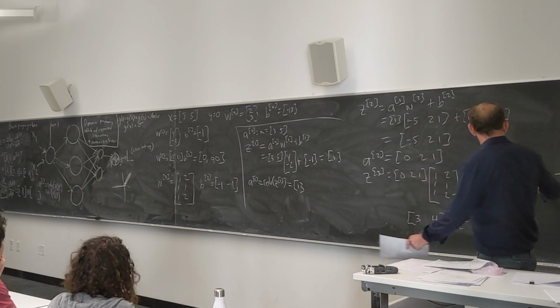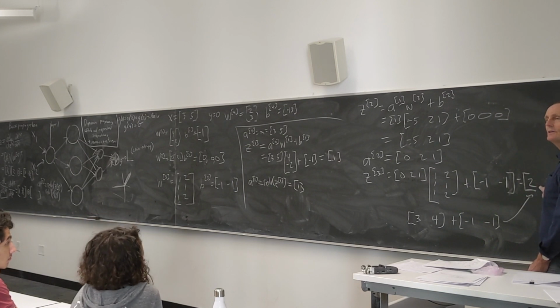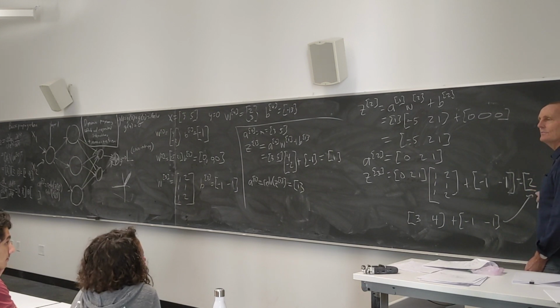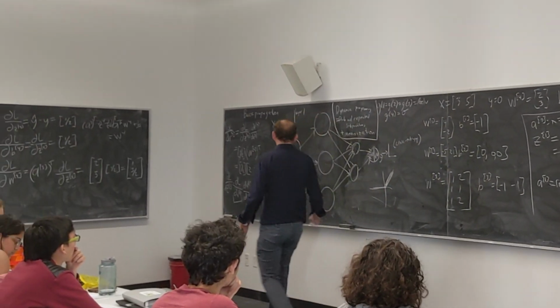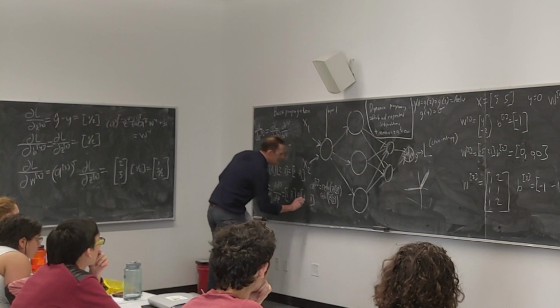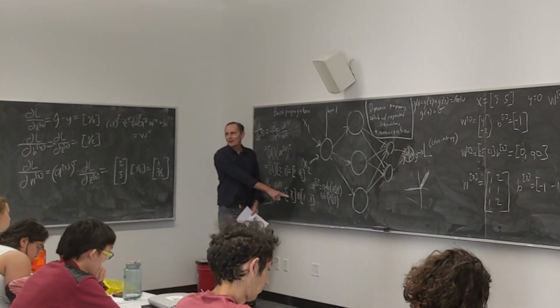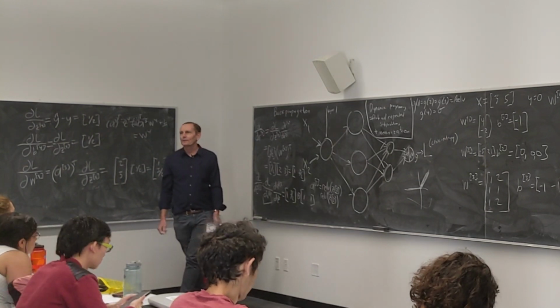So if this is Z3, what's the derivative of A3 with respect to Z3? It's 1, 1, right? This is positive, so these are going to be 1s. So this is going to be times 1, 1. And this is a Hadamard product, which just means element-wise multiplication.